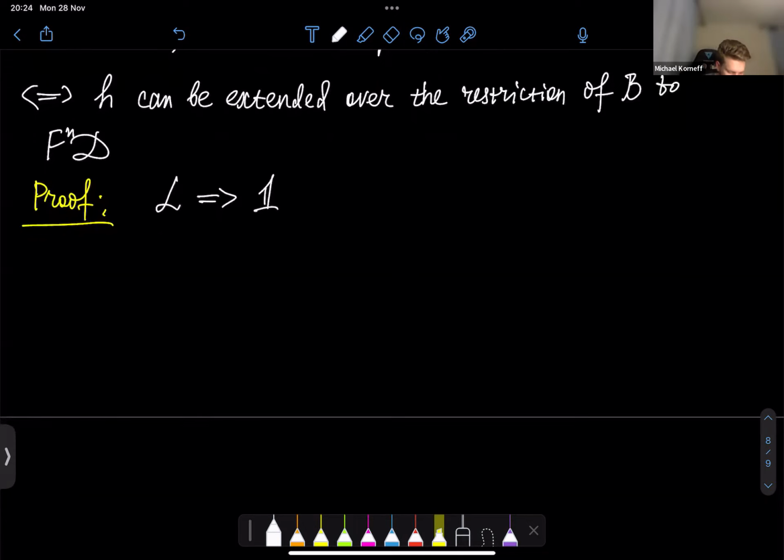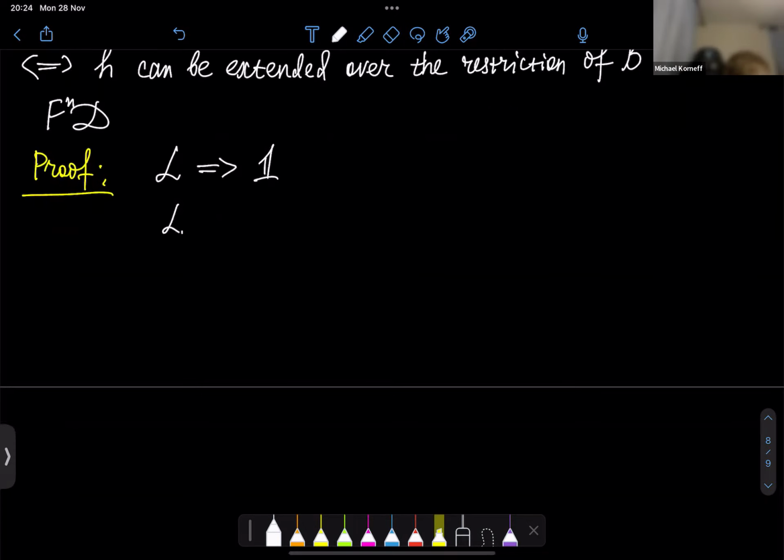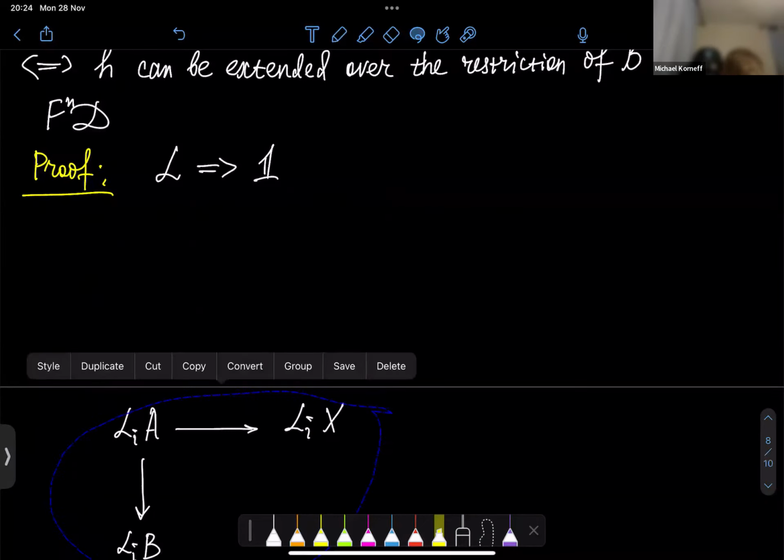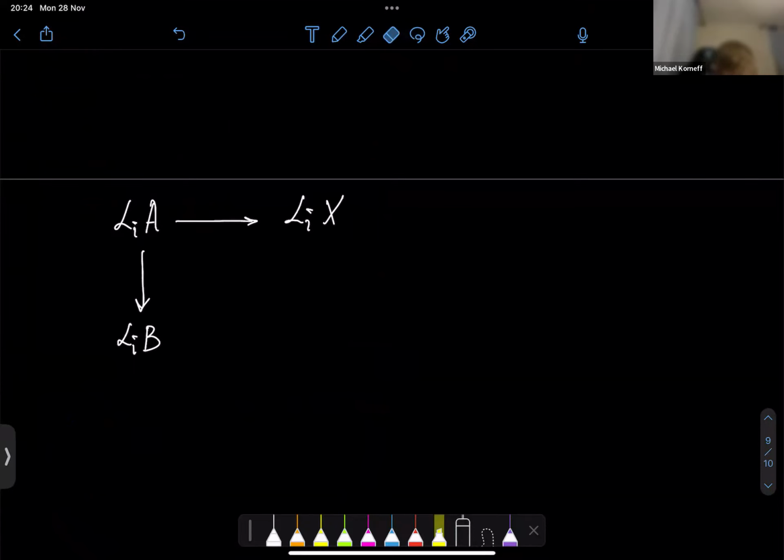Hence, we can form the following diagram.